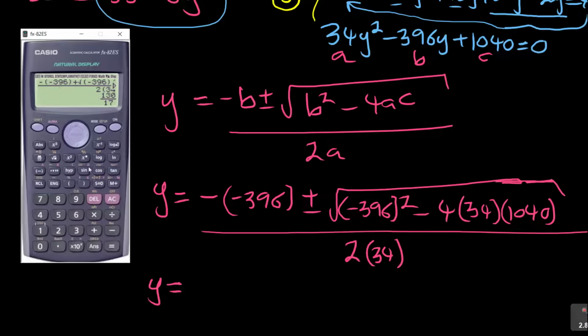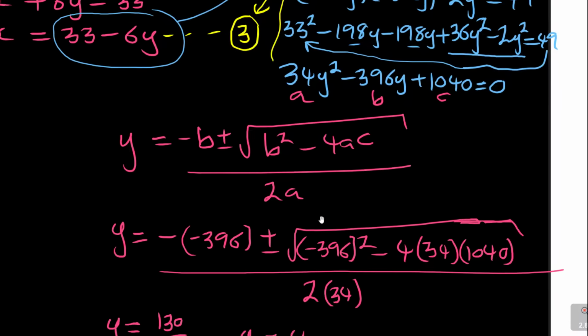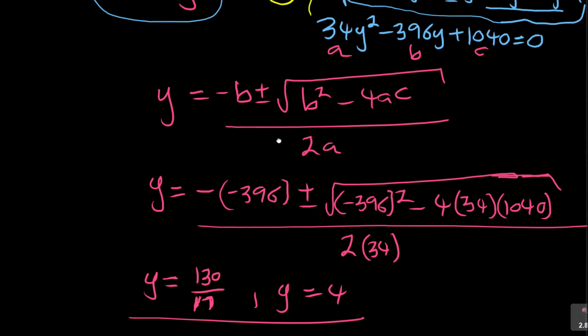Alright, and then do that. I'm getting 130 over 17 as the first one, and then minus, and I'm getting 4. So I got 130 over 17, or y is equal to 4. I got two values. I left it like that because I wanted to test my answers. So these are my two values of y, but that's not the end.